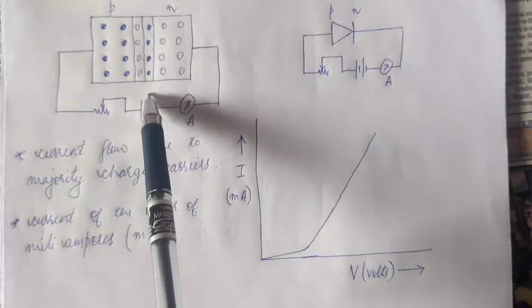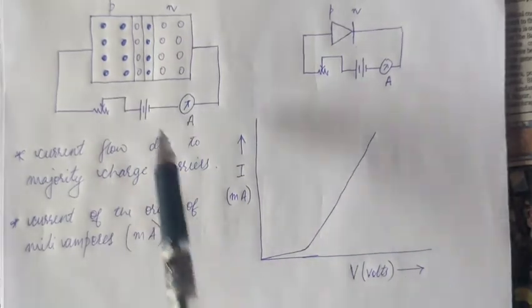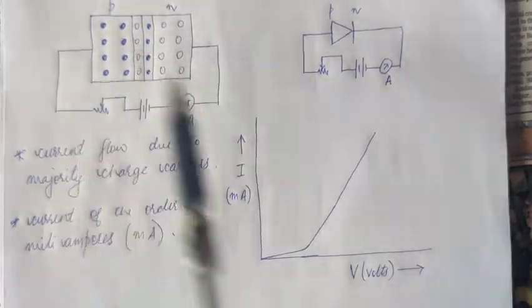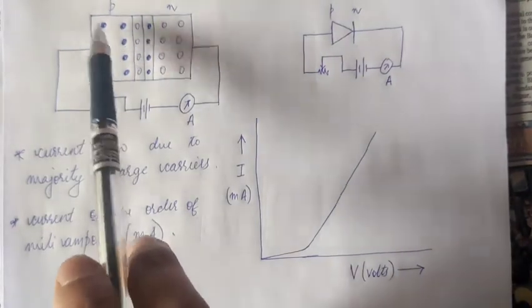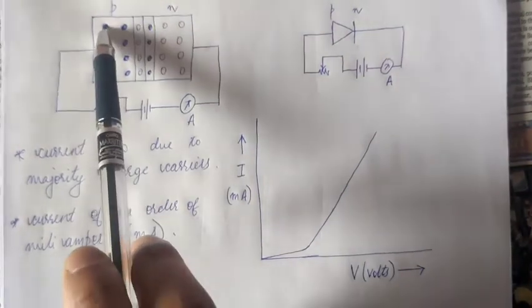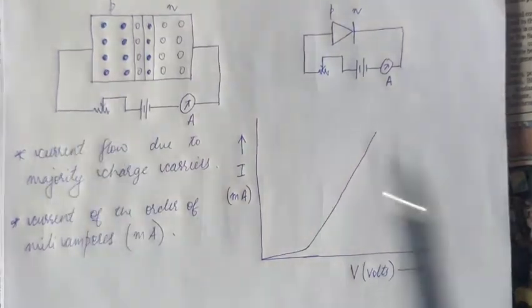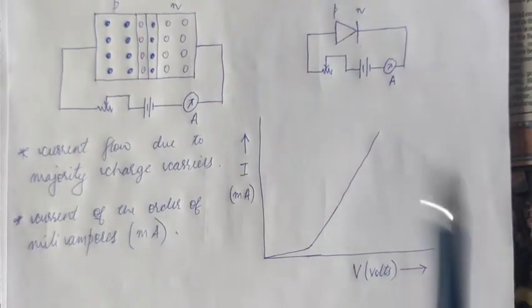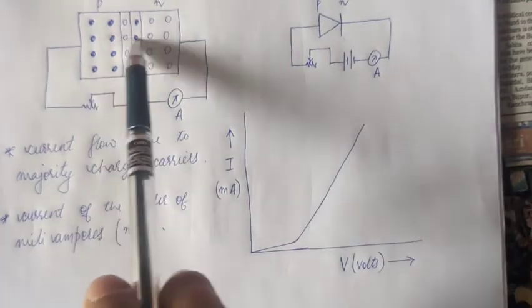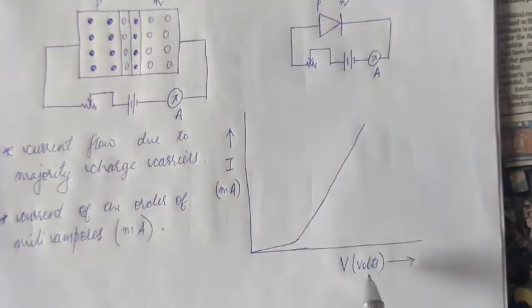You can also understand it this way: when we go on changing the potential difference, more and more holes get pushed this way, and more and more electrons get pushed this way. So we can plot the current flowing through the p-n junction due to majority charge carriers versus voltage.